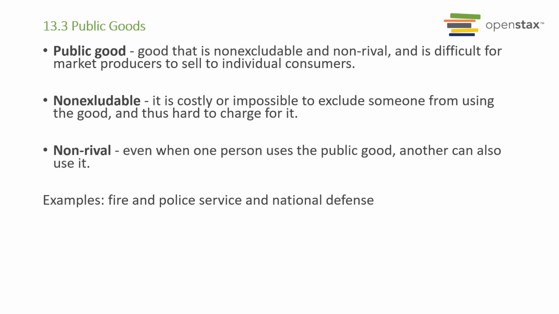Now, non-rival means that the consumption of this good by another person has no impact on your consumption, so you wouldn't feel the difference. That's called non-rival. And non-excludable means that you cannot exclude somebody from using the same service.